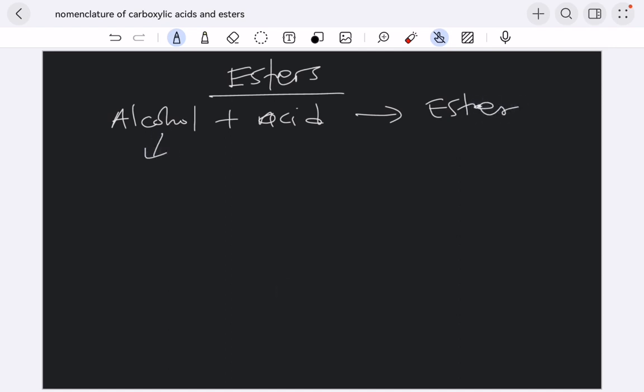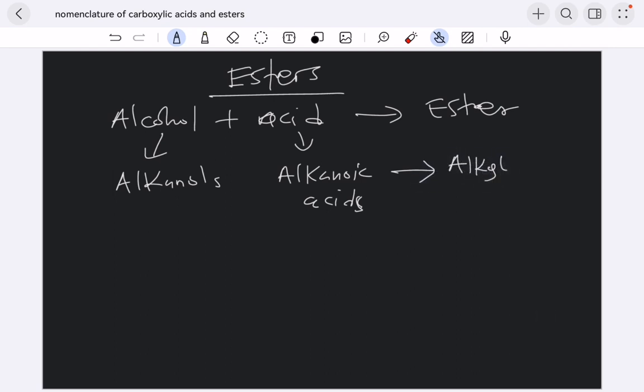Remember, alcohols are also known as alkanols, and these are known as alkanoic acids. Then they produce something that we call alkyl alkanoate.